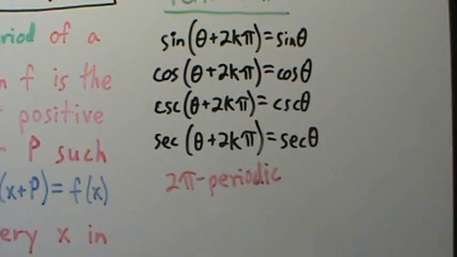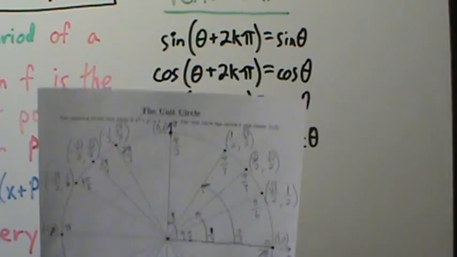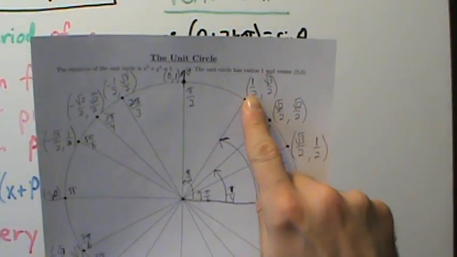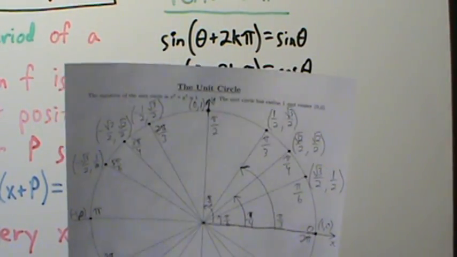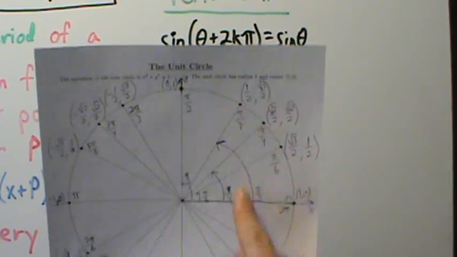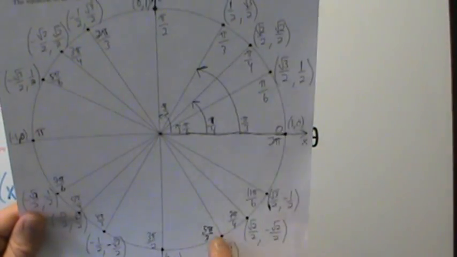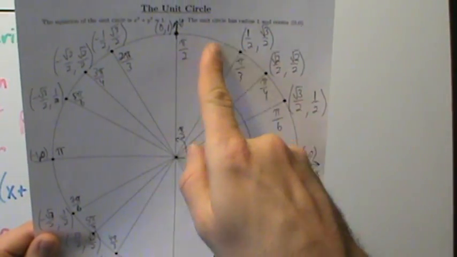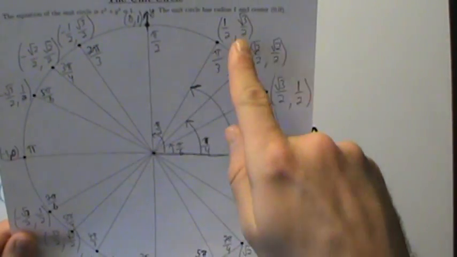Remember, when we looked at the unit circle, cosine of theta is the x-coordinate, sine of theta is the y-coordinate, and you'll have the same x-coordinate here and here, for example, but this angular distance, this rotational distance, is not really the same from here to here as it is from here to here.